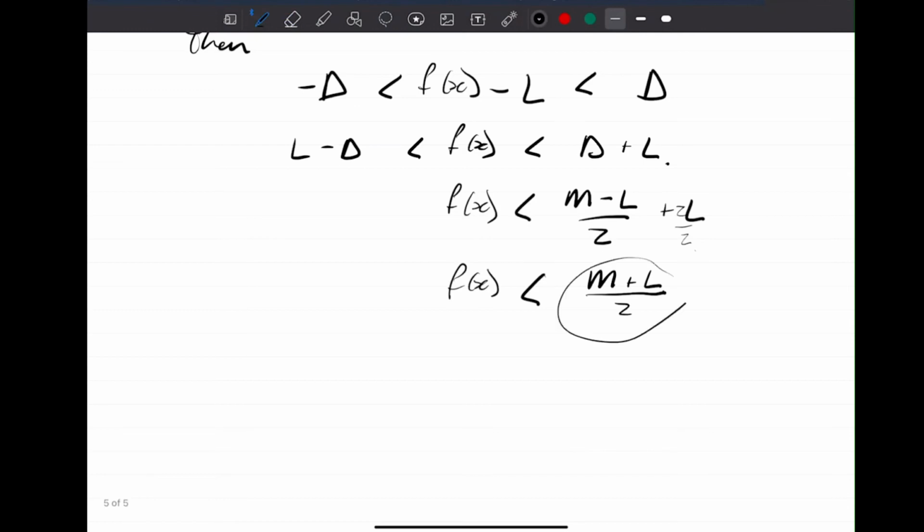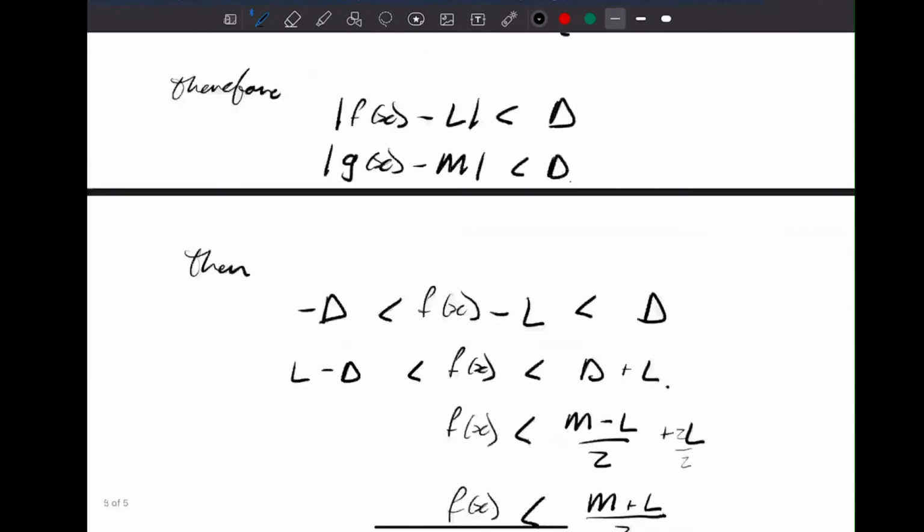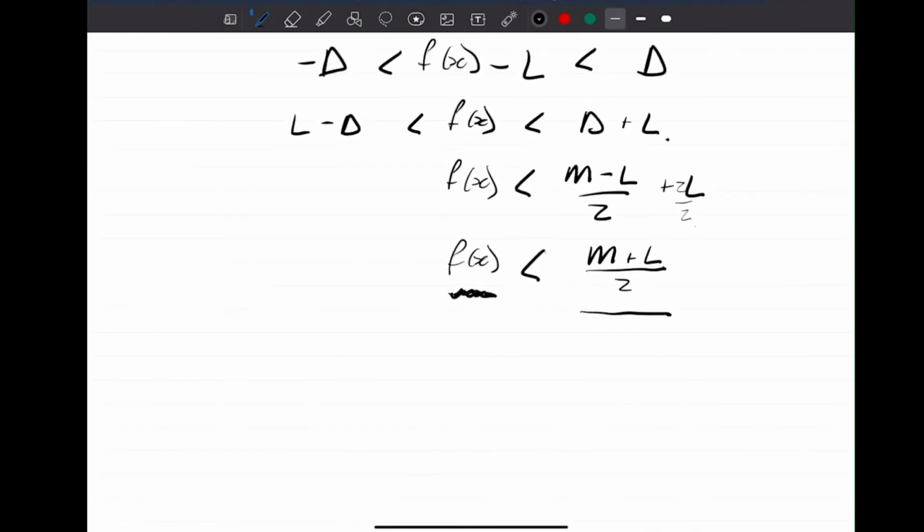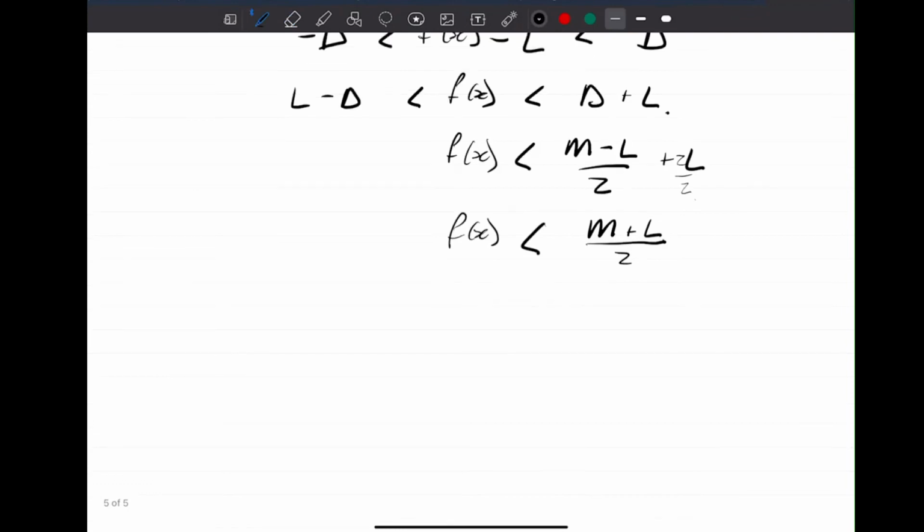And notice here, this is not a surprise. That is exactly how we constructed our D. We expect on this interval that x lives in, f of x is halfway between m and L, or is less than halfway between m and L.